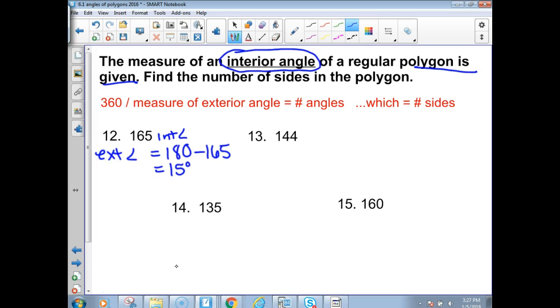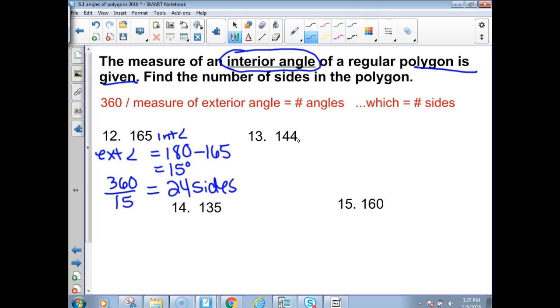All right, now to get the number of sides, we're going to take 360 divided by 15, and then we'll get the number of sides. That's 24, right? So that means we have 24 sides for that polygon whose interior angle is 165.